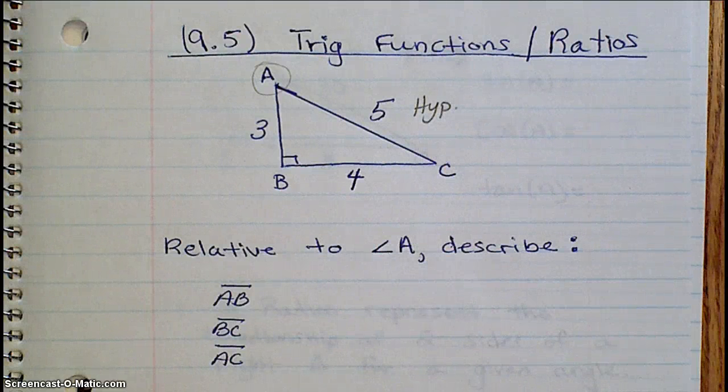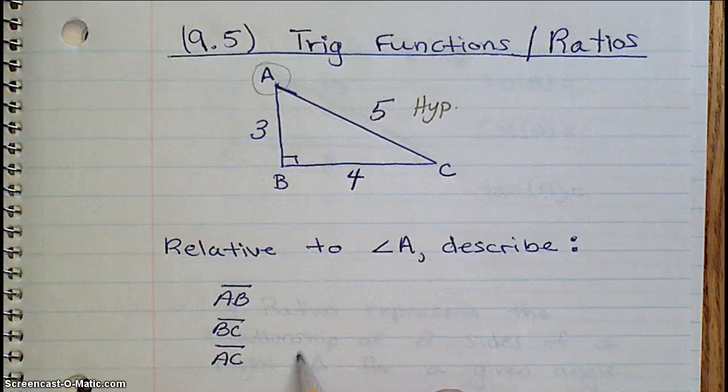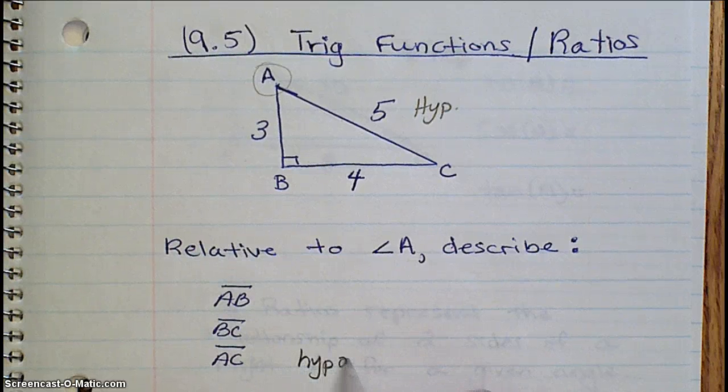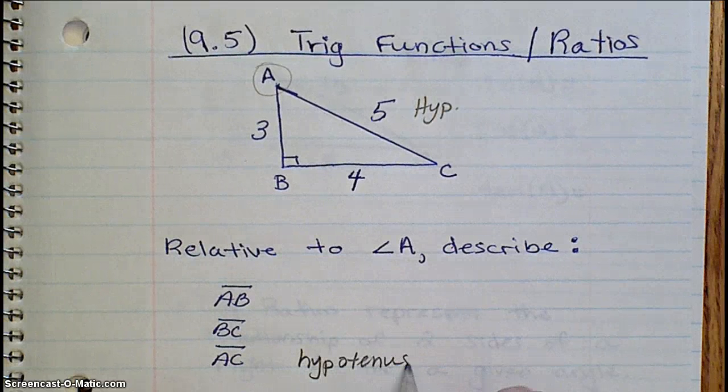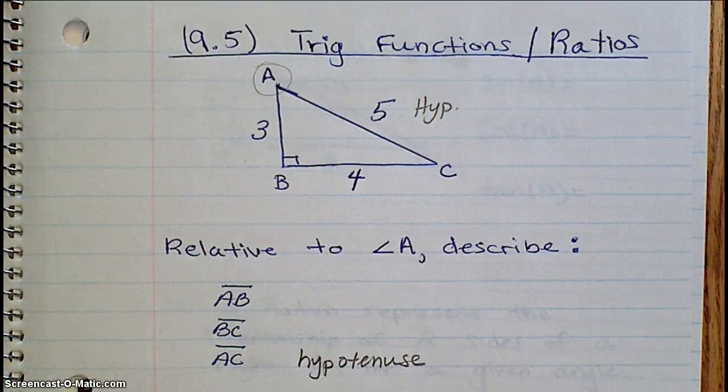So relative to angle A, we already know that AC is the hypotenuse. The other two sides, in the past we have just called them the legs, but there are some additional words that we could use to distinguish them from one another.